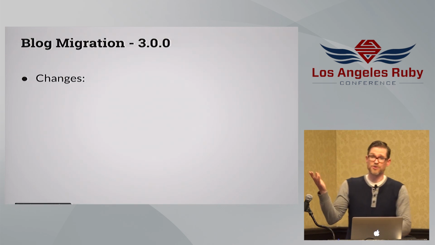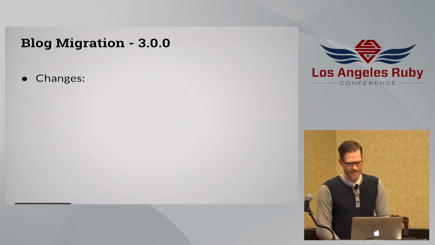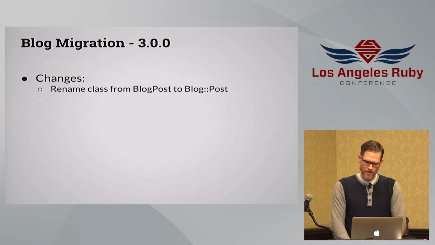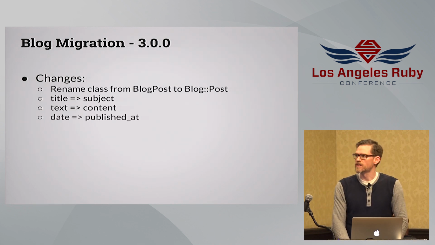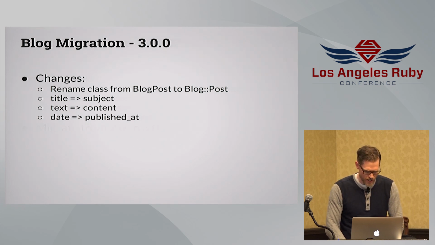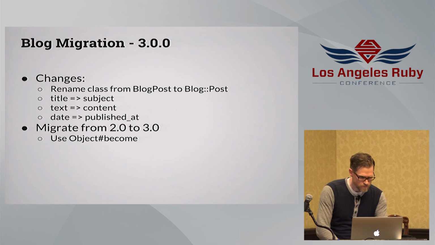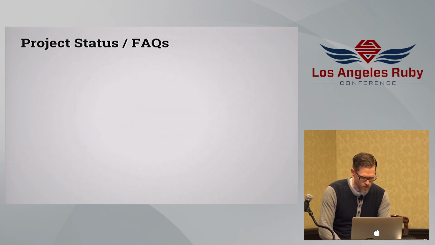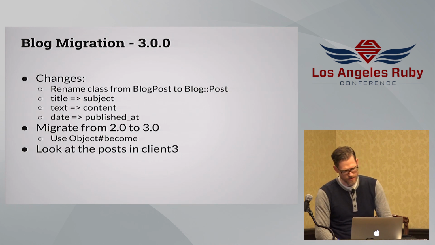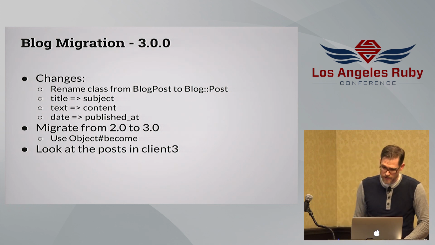So to remind you what we just did, we renamed the class, set up some new instance variables, and then migrated using object become. And then we looked at the data.